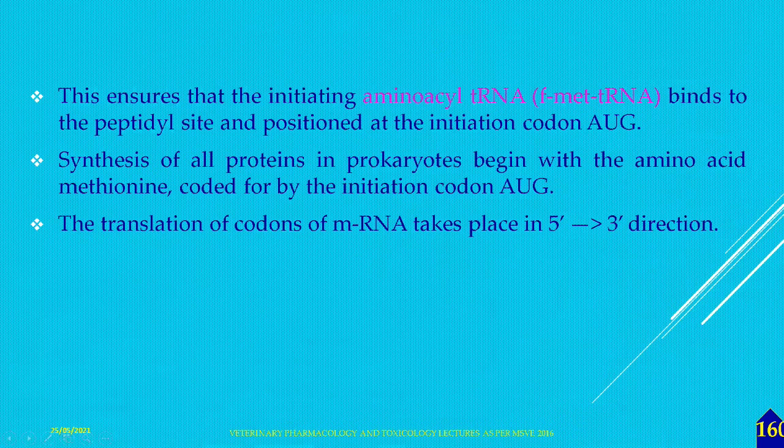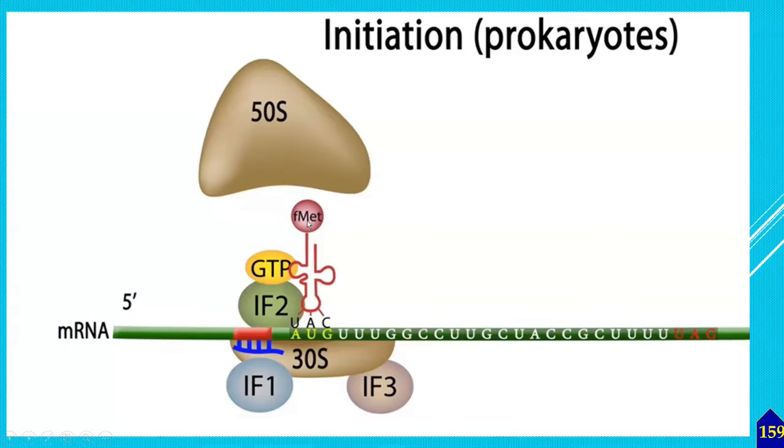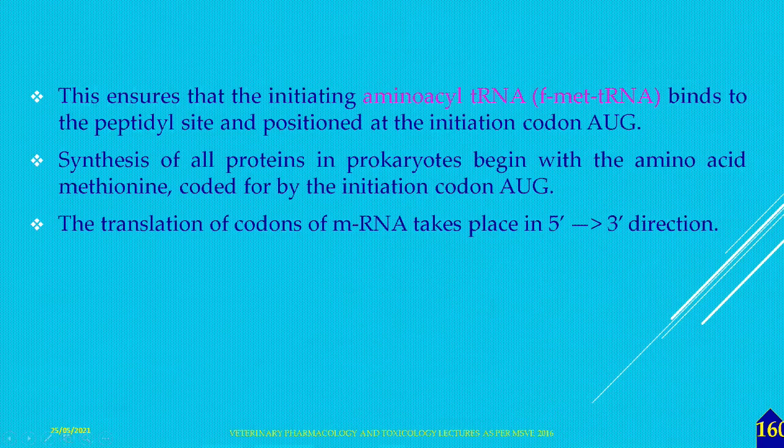Then this ensures the initiating amino acid tRNA, that is the F-met tRNA, goes to the peptidyl site and positions at the initial codon AUG. Here, the AUG initial codon will be matched with the F-met. The synthesis of all proteins in prokaryotes begins with the amino acid methionine, coded by the initiation codon AUG.